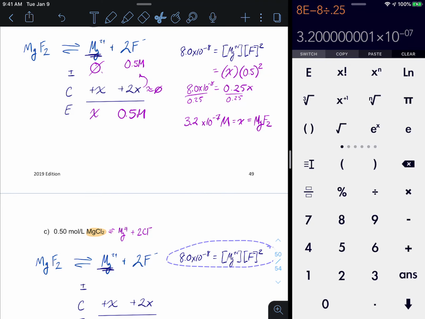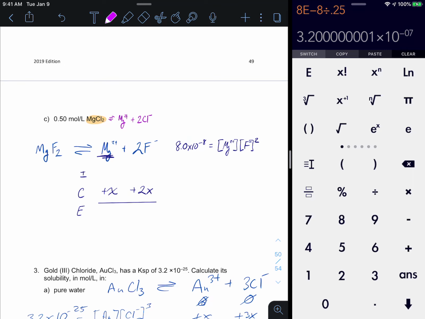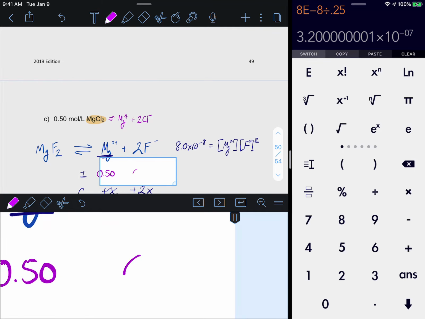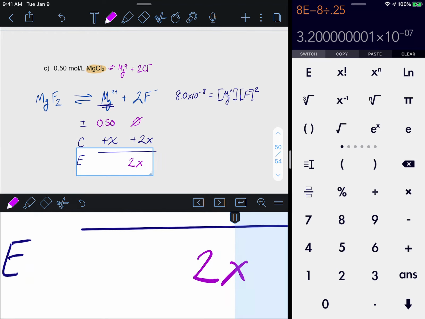And so it'll be pretty straightforward here. So now we're going to replace the magnesium value with this starting concentration, 0.50, and the fluorine concentration is starting at 0. Fluorine is increased by 2x, and again, the amount that x is equal to is so much smaller than that 0.5 that we're just going to write that it's pretty much 0.5 molar.